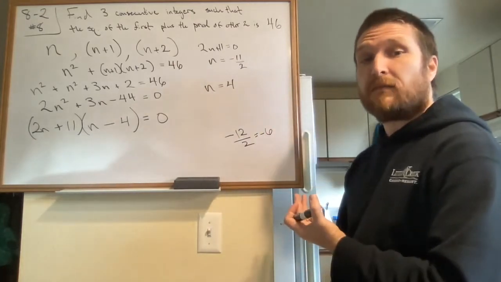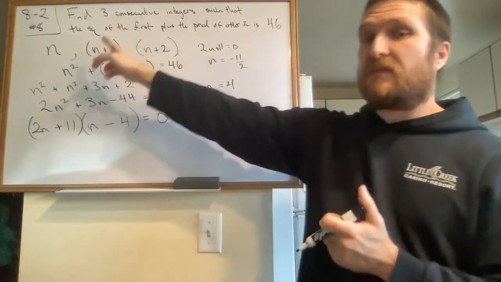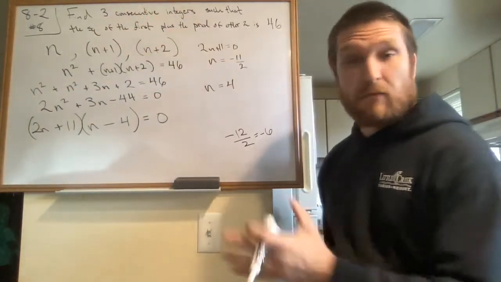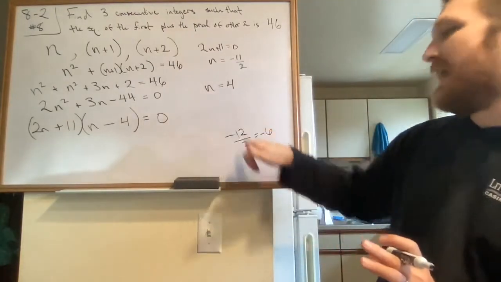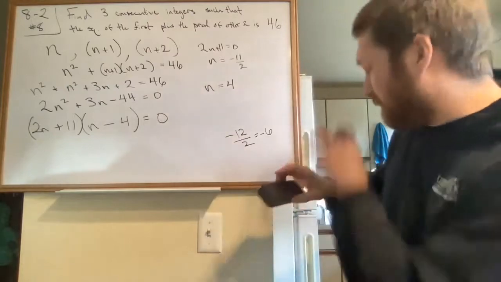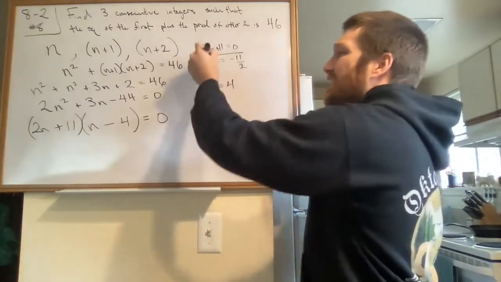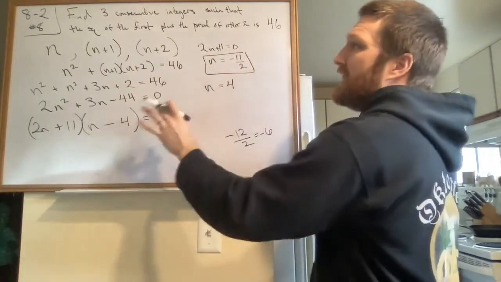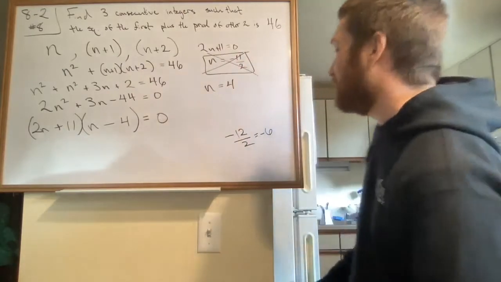Integers can be negative. And so your original numbers would be minus 6, minus 5, and minus 4. And that would be fine. Doesn't happen to work this way, though, right? It's not negative 12 over 2. So it doesn't reduce down to an integer. And so this possibility is right out. We have to have integers. So that is not good.